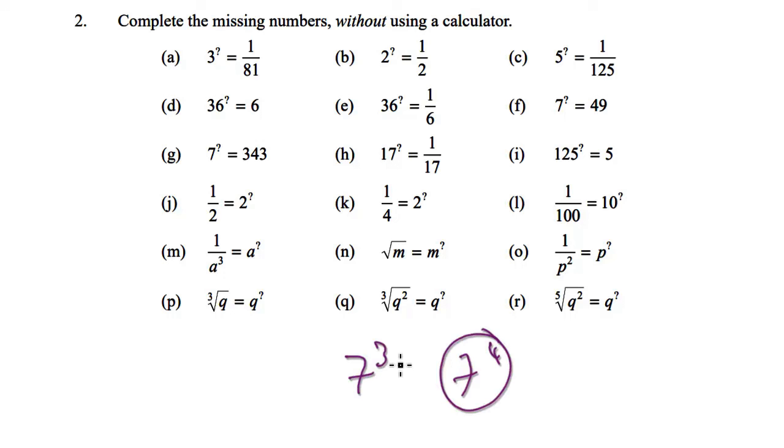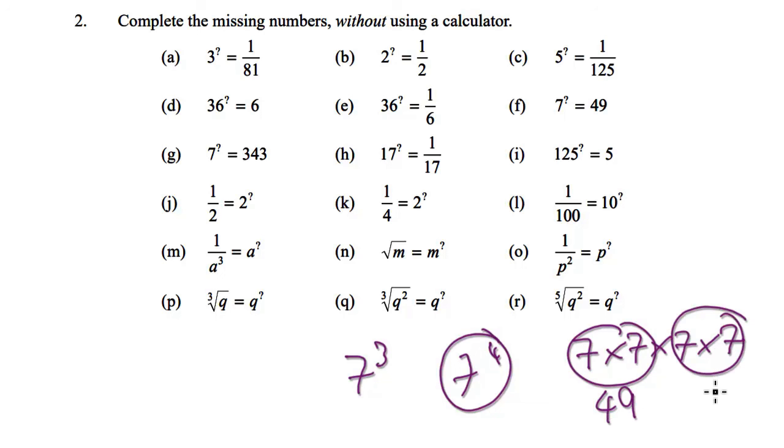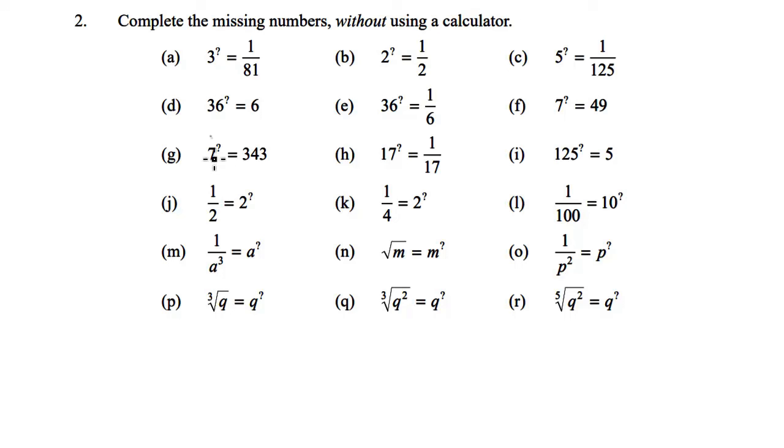So for this one, I would do 7 times 7 times 7 times 7. This thing here is 49. Just try with different numbers, but you've got to do it by hand, because it's without a calculator. So play around with this.